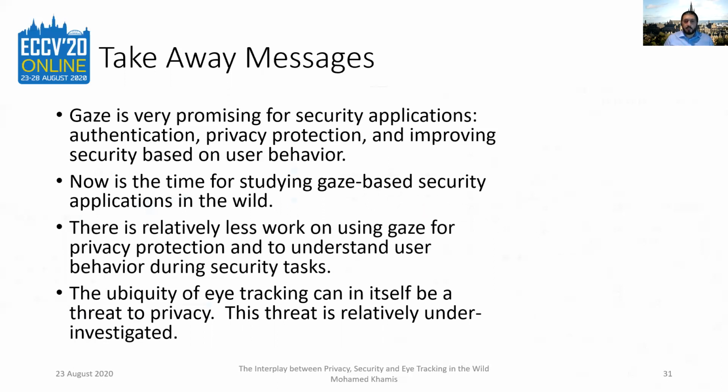We are now able to do eye tracking on mobile devices, and we should actually ensure that in the future this is not maliciously used, either intentionally or unintentionally, by the users or by developers of mobile apps.